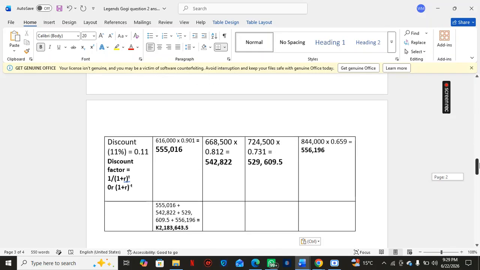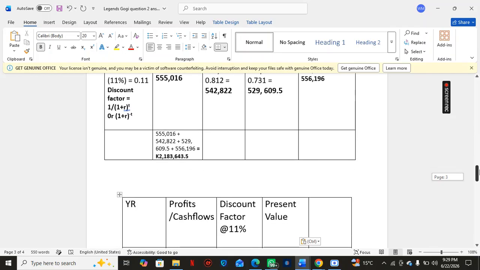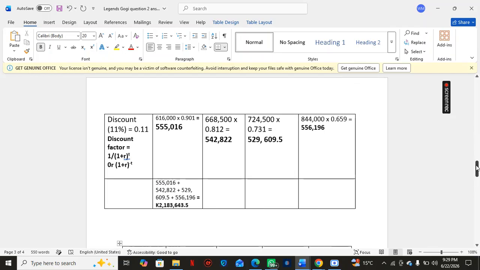For year 2, 668,500 multiplied by 0.812, 542,822.